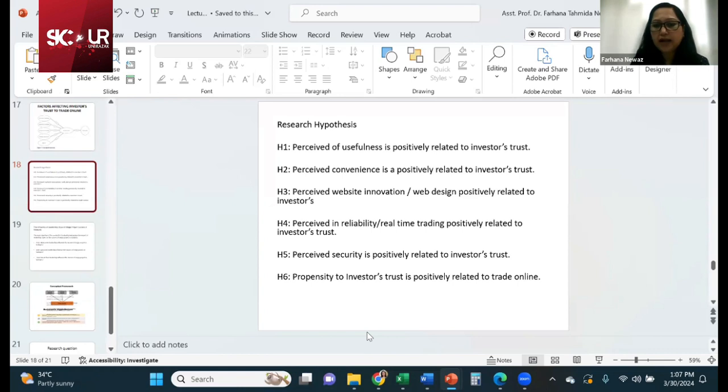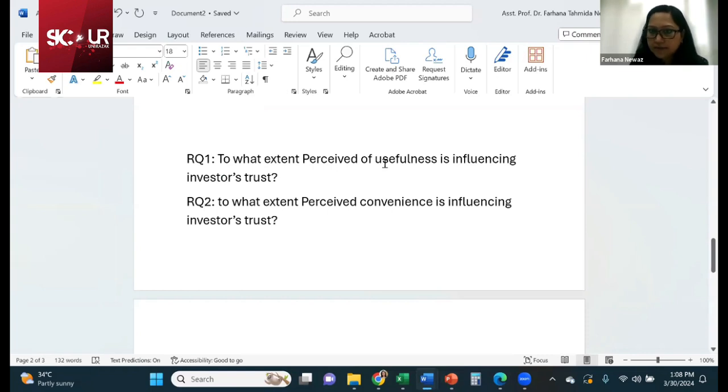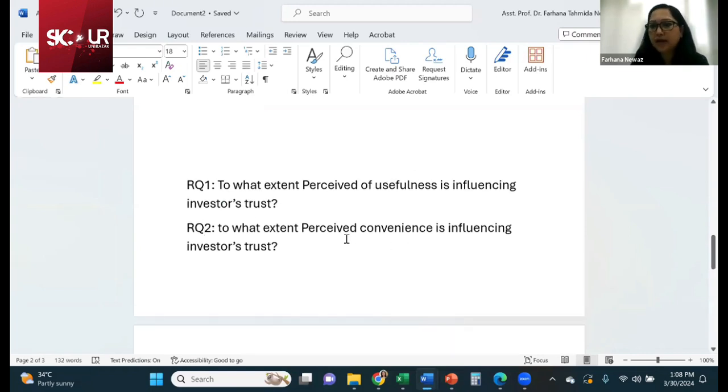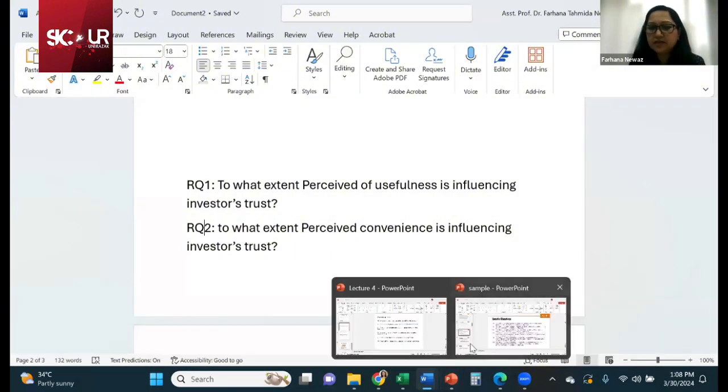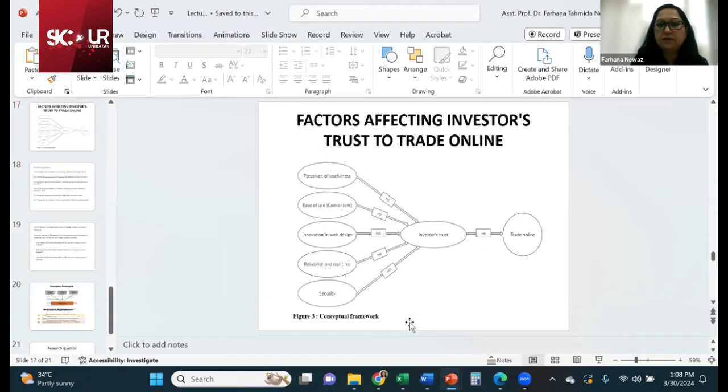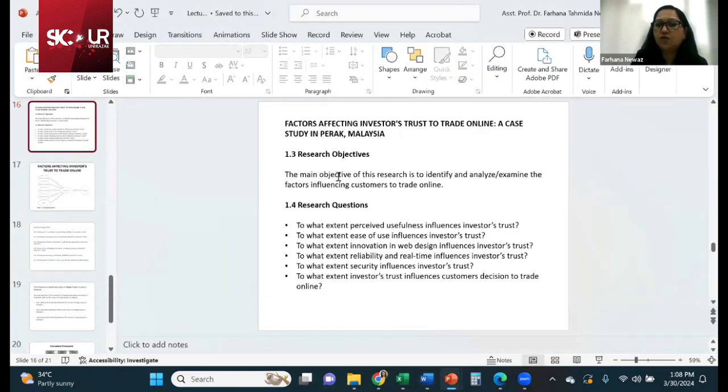When you answer the research questions, you are testing the relationships of these variables, and then you will achieve your research objective automatically.